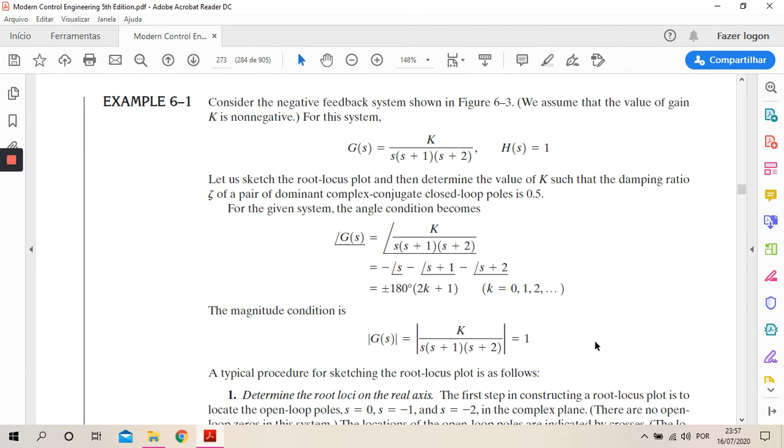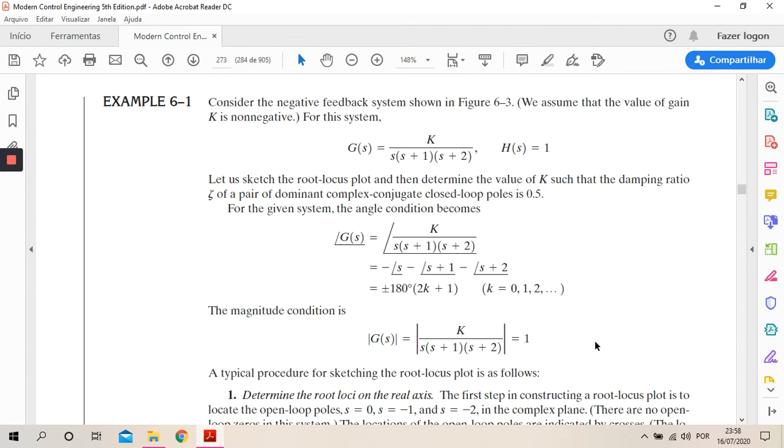The angle of G(s) is equal to the angle of k divided by s times (s plus 1) times (s plus 2). And this is going to be equal to the negative of the angle of s, minus the angle of s plus 1, minus the angle of s plus 2.